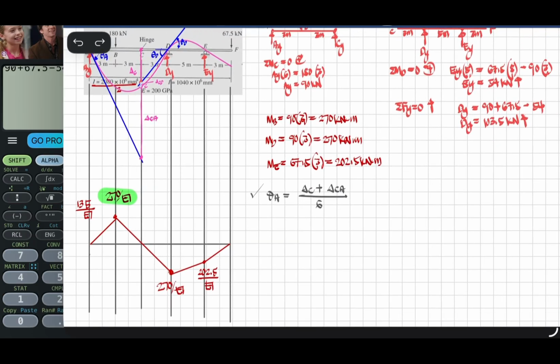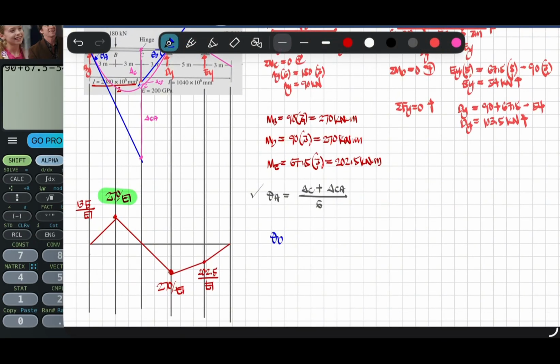So we have theta D is equal to opposite, which is equal to delta C minus delta CD over 3.